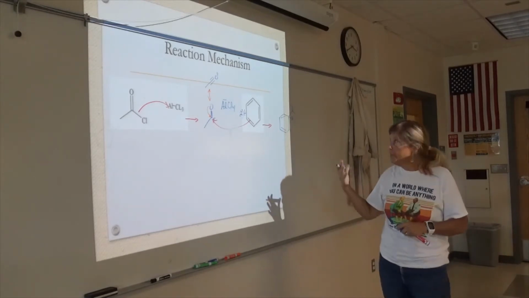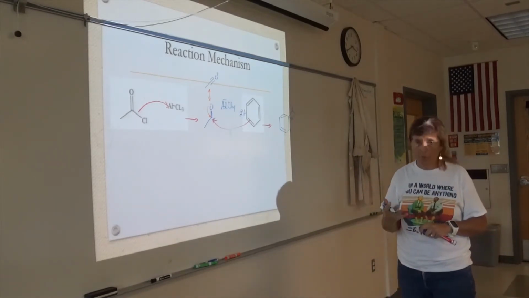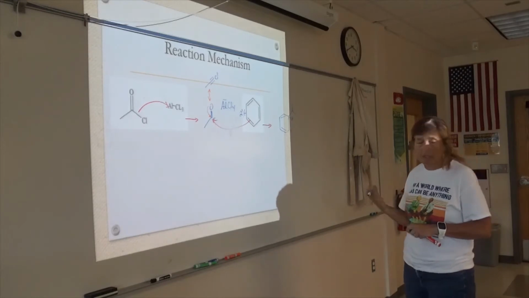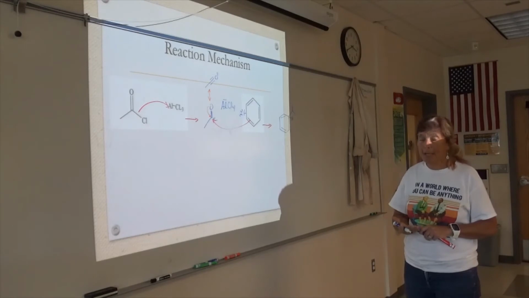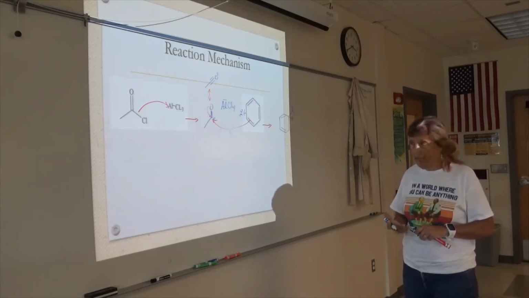So remember, the benzene that's pictured has 6 hydrogens, 1 on each carbon. I haven't written in any of the others except for the one on the carbon that ended up making the new attachment to the acyl carbon.